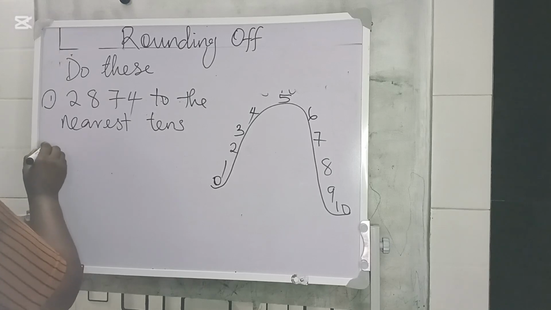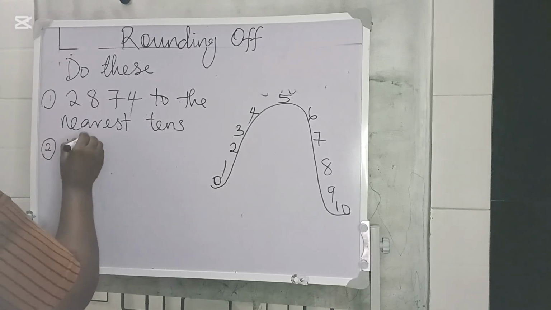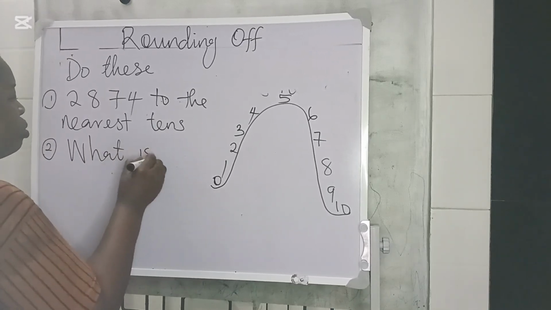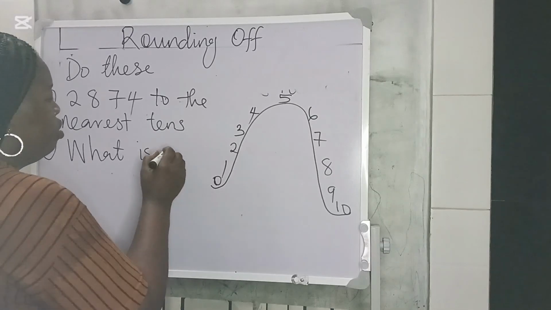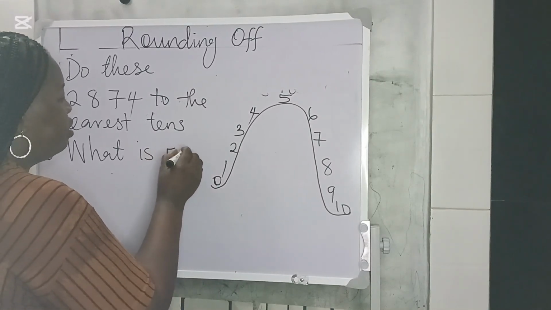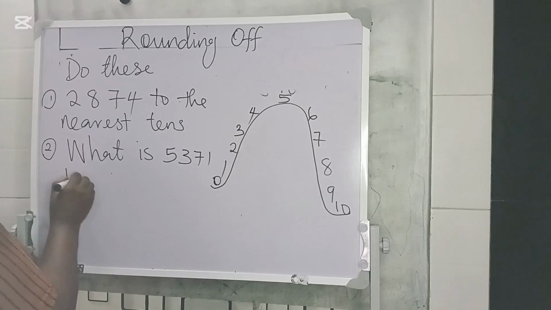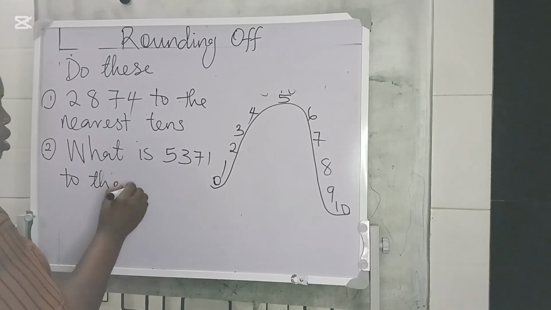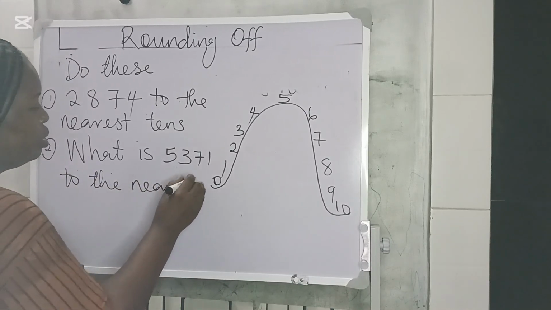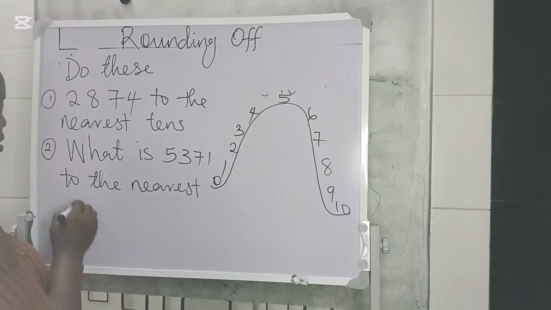And number 2, we have 5,371 to the nearest tens too.